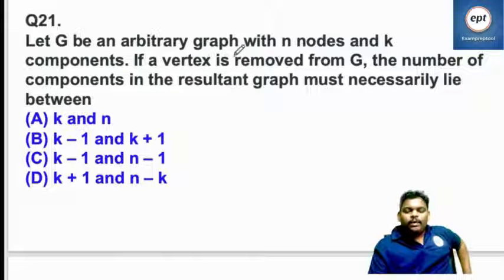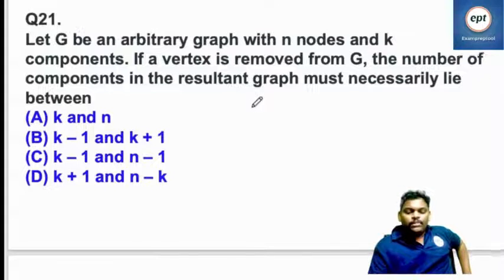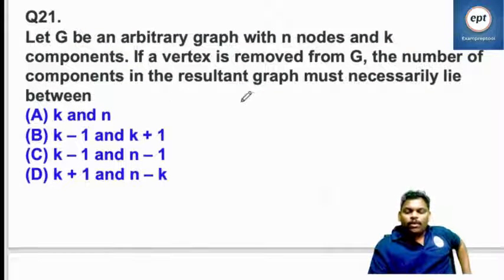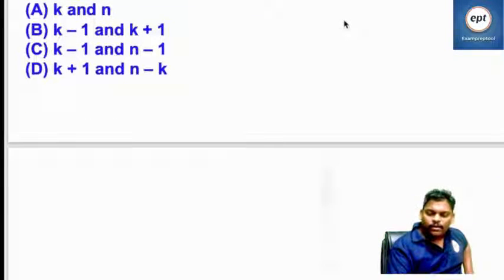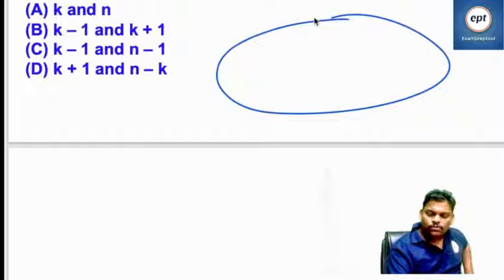Let G be an arbitrary graph with n nodes and k components. If a vertex is removed from G, the number of components in the resultant graph must necessarily lie between what values? Remember, the graph already contains n nodes and k components.